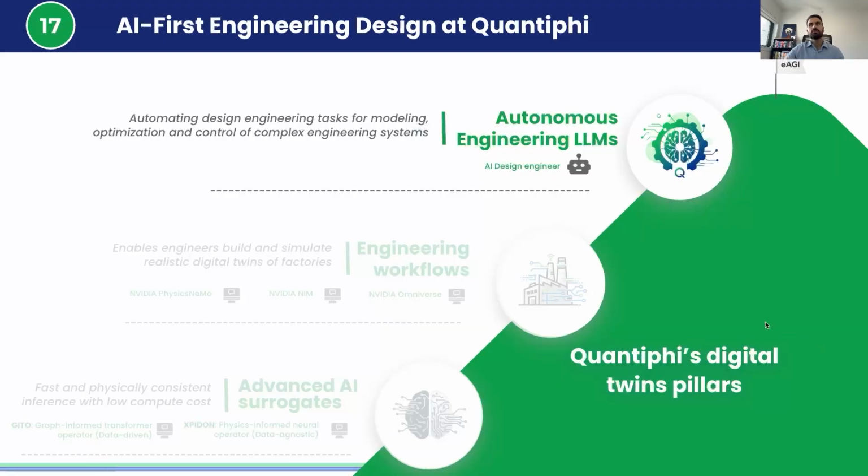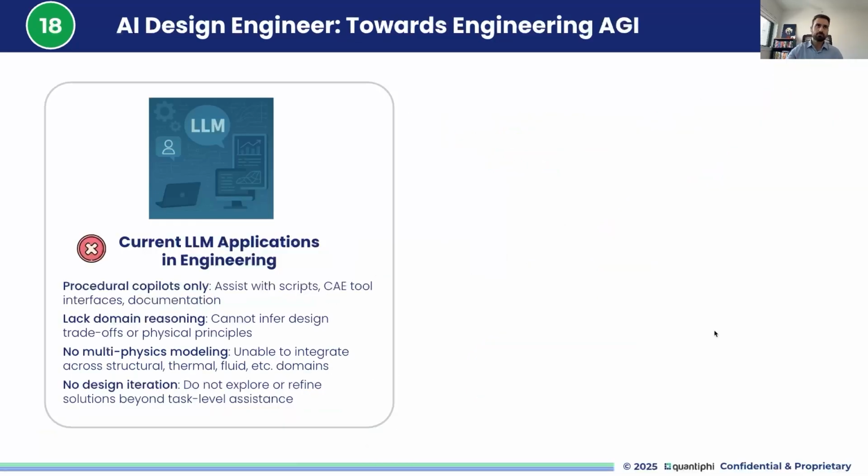Okay, moving on to autonomous engineering LLMs. What we've observed as current applications of LLMs in engineering is mostly procedural co-pilots, meaning they are good with scripting, connecting CAE tools, or helping with documentation.